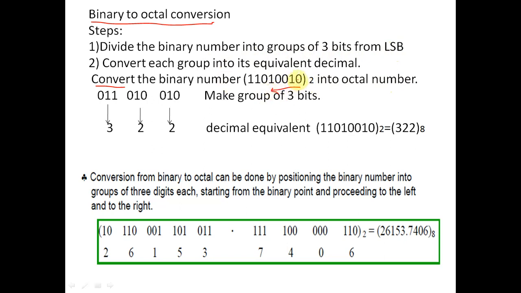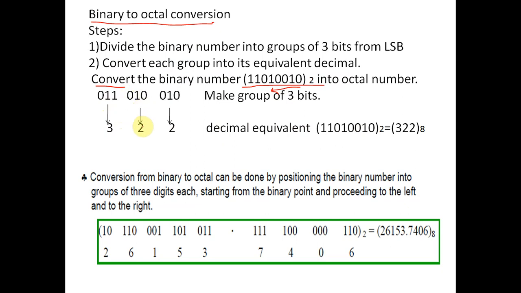The first group is 010, the second group is 010, and the third group is 11, that is 011, which is nothing but 3.